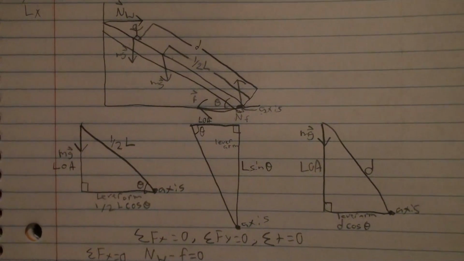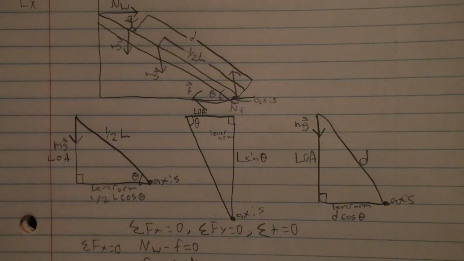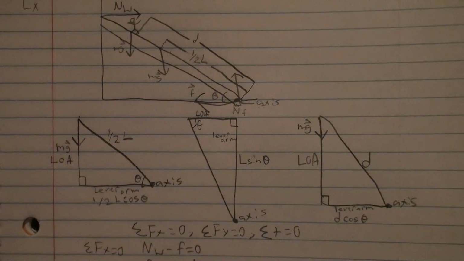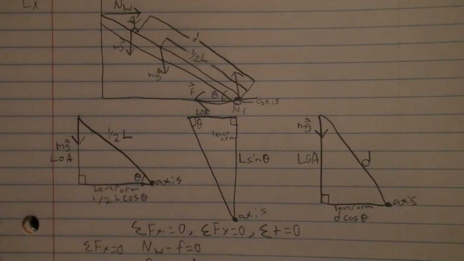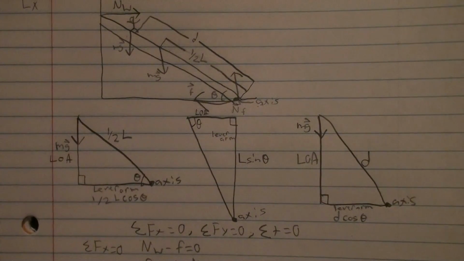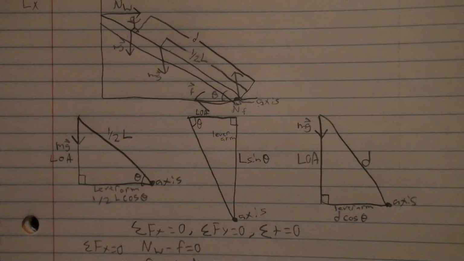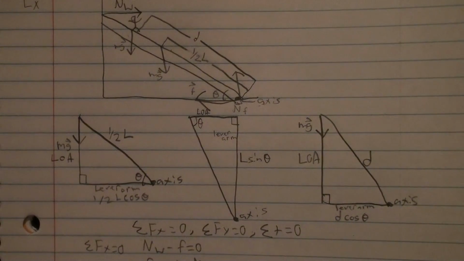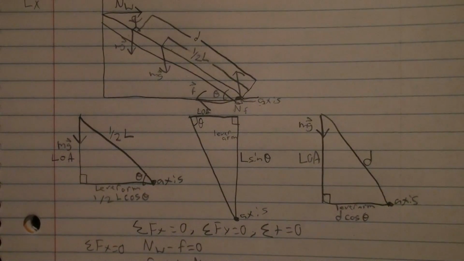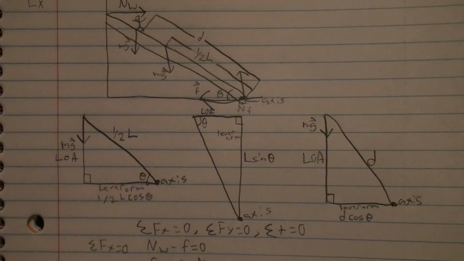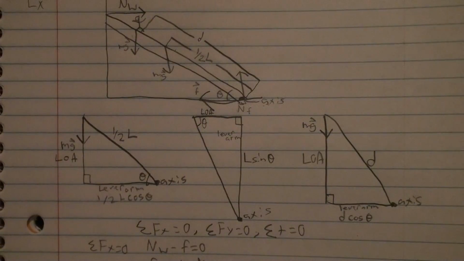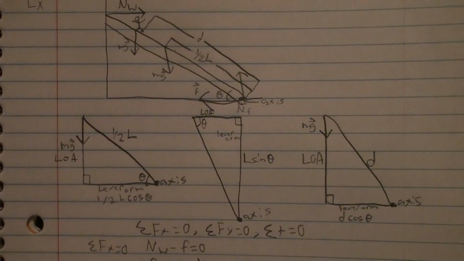In my 3 diagrams right here, I first drew the line of action for each force, and then I drew the lever arm, the perpendicular distance between the axis and the line of action. Using the usual convention, counterclockwise torques are positive, the torque due to N sub W is negative, and the torques due to gravity are positive.